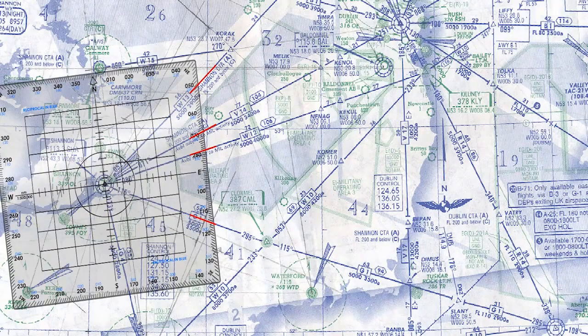Put the centre of your protractor over the VOR symbol and then turn it until the 052 on its scale goes through the 052 radial. The 071 goes through the 071 radial, and so on. You have now aligned the protractor with the same magnetic north that Jeppesen have used, and you can now plot a magnetic radial directly.